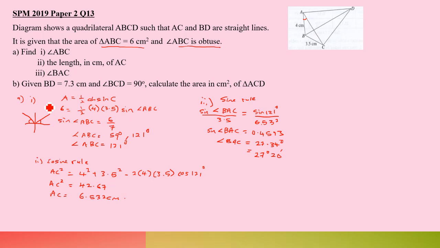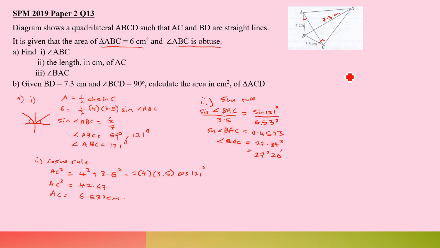Okay, you're given BD, the length from B to D is 7.3 cm. And you're given the angle BCD, this is 90 degrees. If you have the concept of 90 degrees, it's easier for you to find any one of the angles using sine, cos, or tangent.